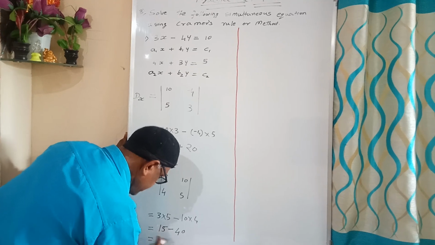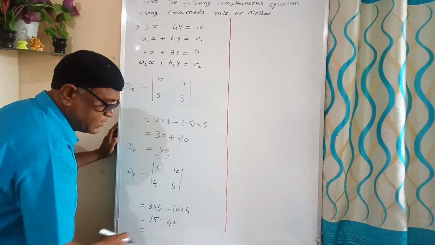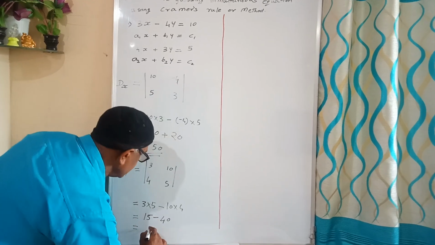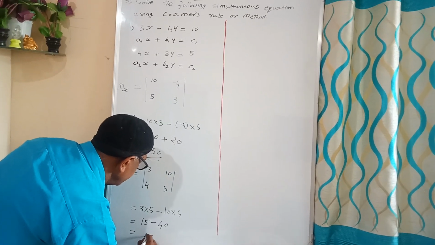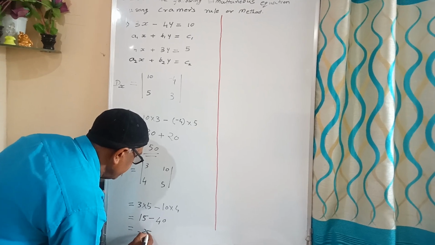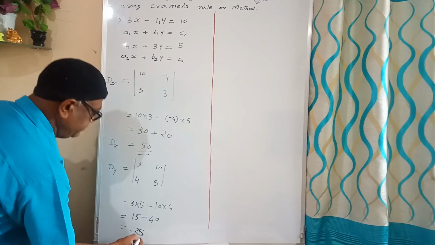Now here plus and minus sign is there. 15 minus 40, that is 25. Keep the greater number's sign, that is minus 25.